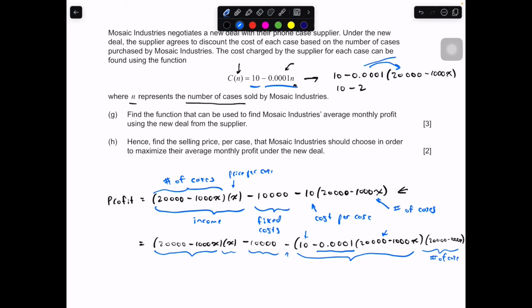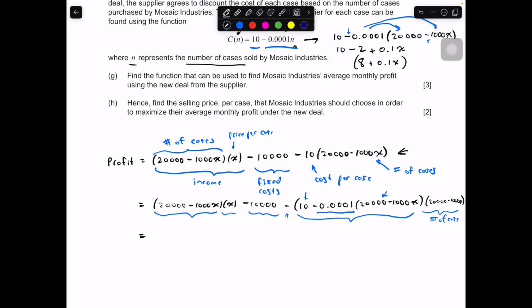And 0.001 times negative 1,000x, a negative times a negative would be positive, and this would be just 0.1x. So 10 minus 2 is 8 plus 0.1x, and this would be the cost per case.